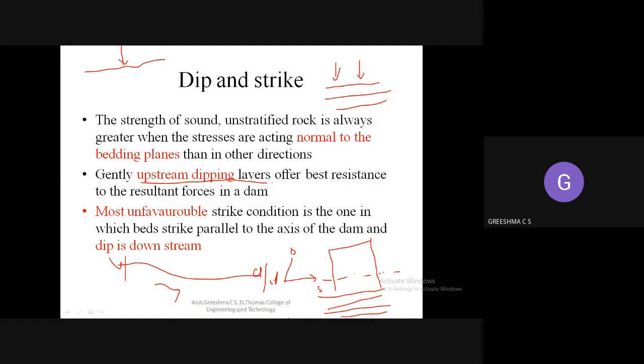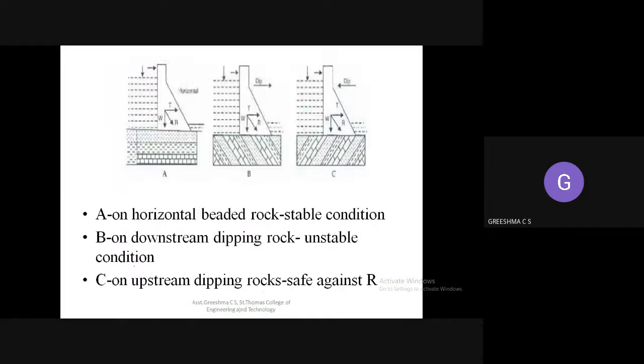If the dipping is occurring in the upstream side, it will give more resistance to the resultant forces, or you can say it will give more resistance to the forces in the dam. That is in the case of dip and strike.